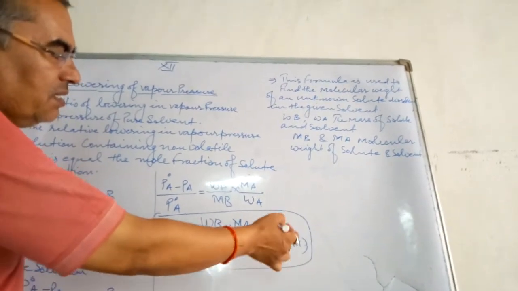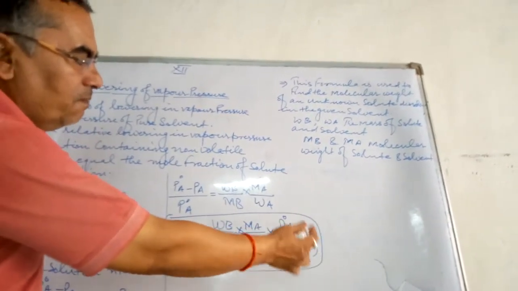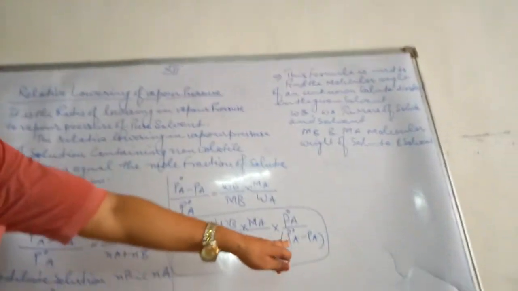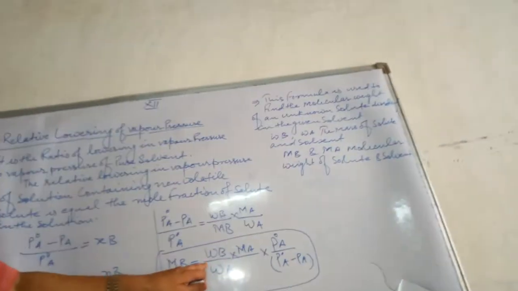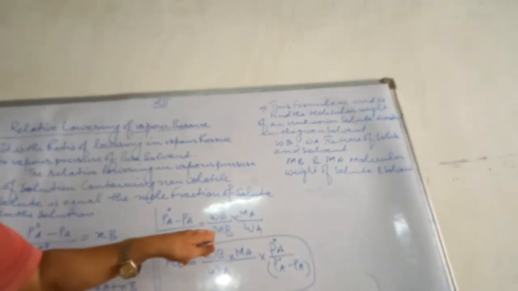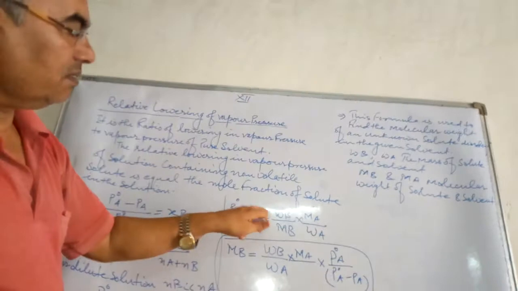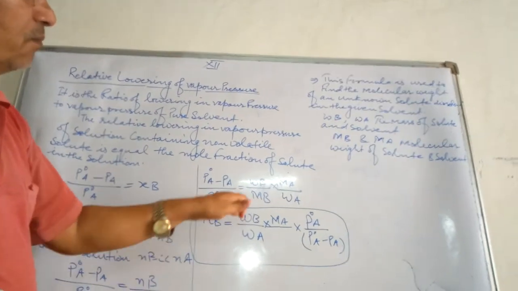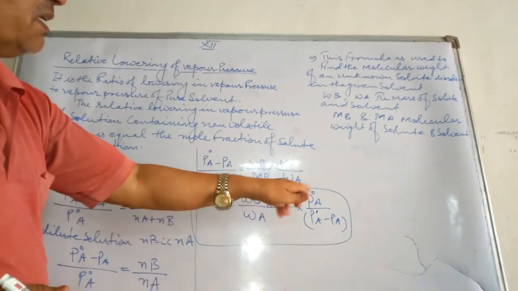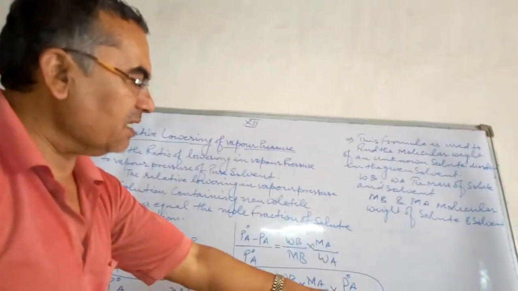So this is the reciprocal of the relative lowering, and by this way we can get MB by putting these values in WB upon WA into MA into P0A upon (P0A minus PA).